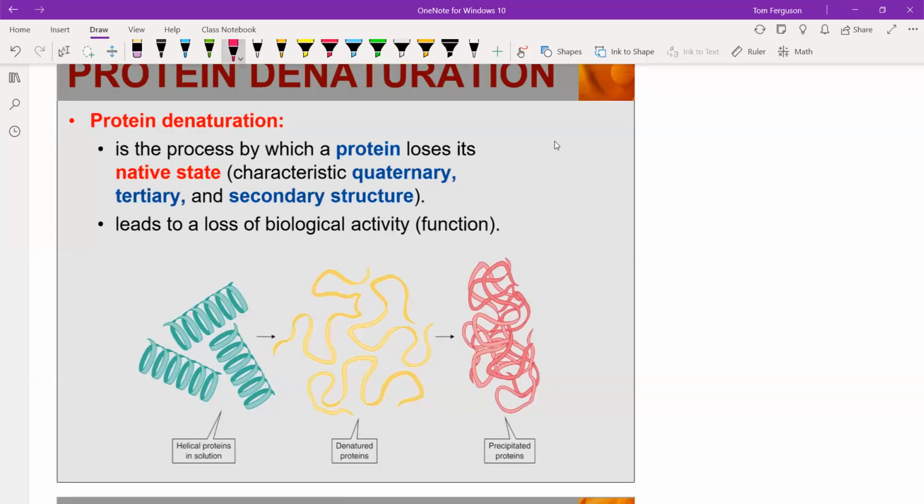Okay, this denaturation is a big deal with proteins. The protein loses its native state.